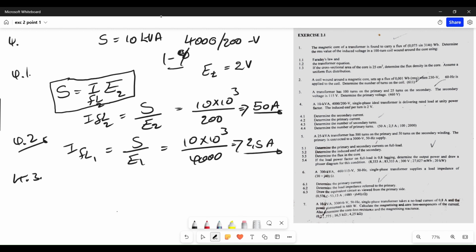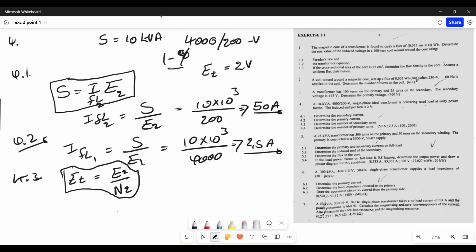Okay, so in this case, for the induced EMF per turn, meaning E over N, because it's EMF per turn, I'm looking for the secondary's E2 over N2. This is the equation for induced EMF per turn.